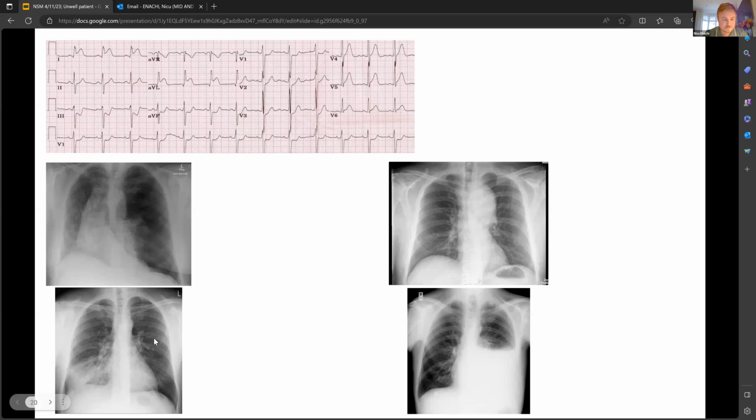That's right. Let's go to bottom left. Well, actually, this X-ray, we've seen it before. Okay. Last one, bottom right. Yep. Okay. Right. Thank you, Kay.